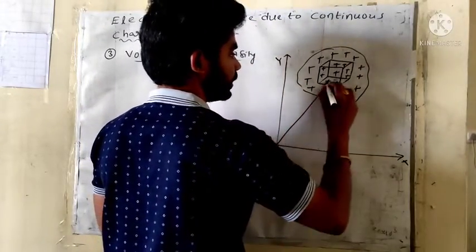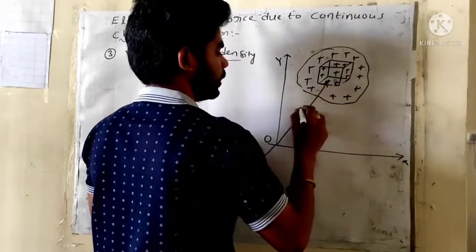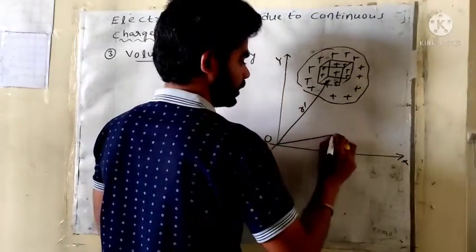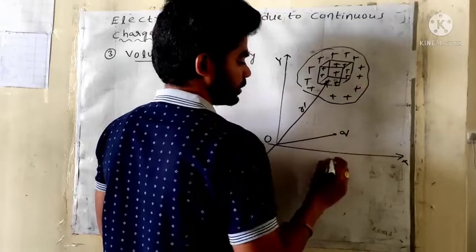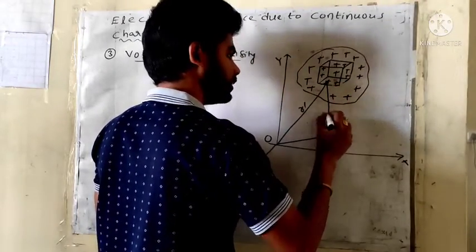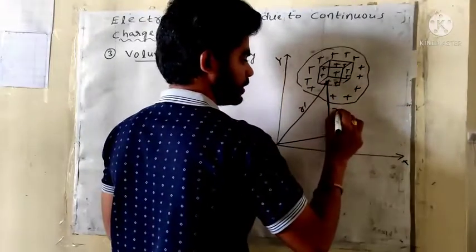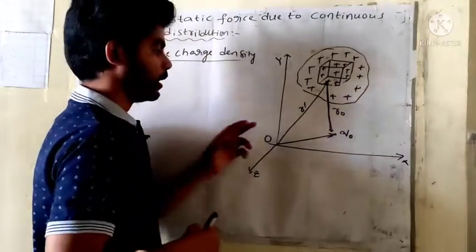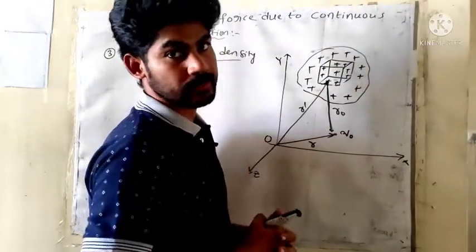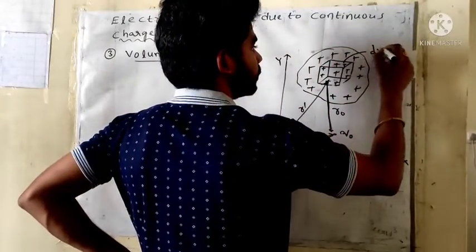Again, we consider one small point, this is r dash. Let us consider one test charge, q0. Here to here is the elemental charge. The distance is r0, and r dash, r0 and r are again position vectors. This is a very small volume dV.